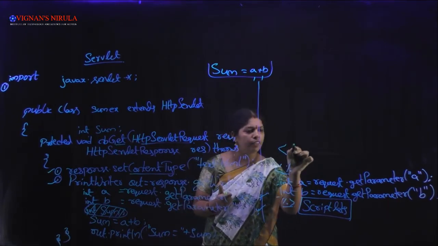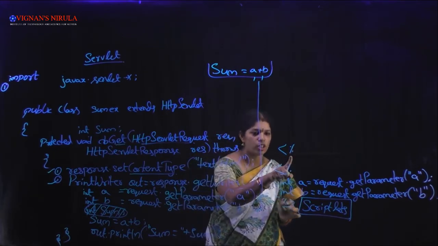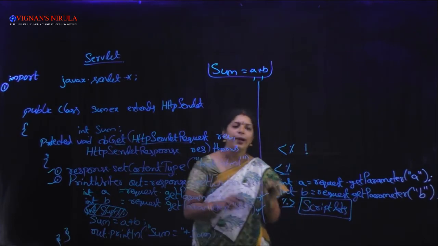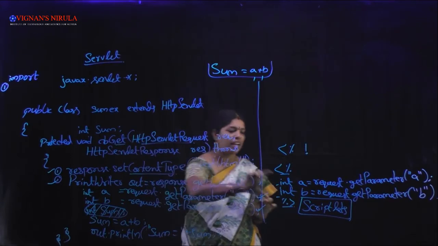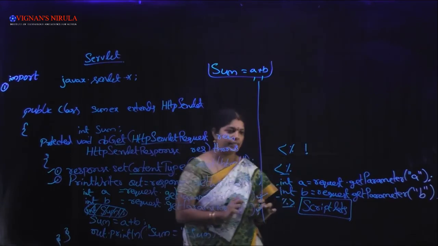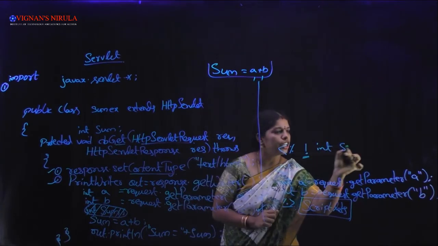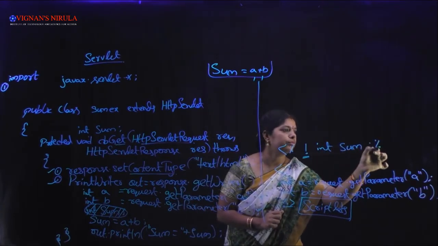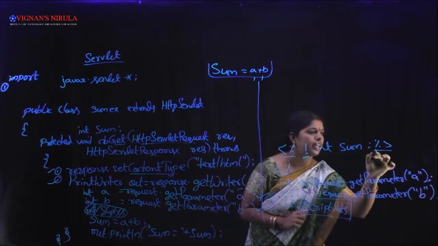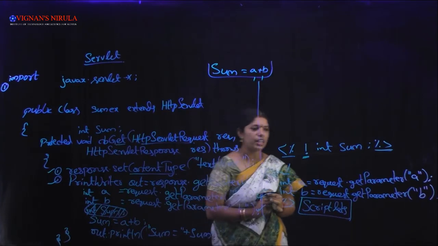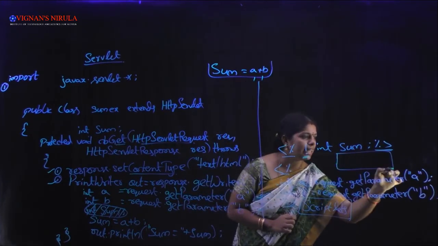So how am I declaring it? By using the less than symbol, the percent symbol and the exclamation symbol. By using the exclamation symbol, I am declaring the int sum outside of any method. So this is the starting of the JSP tags and these are the ending of the JSP element tags. What it is? We are declaring variables.